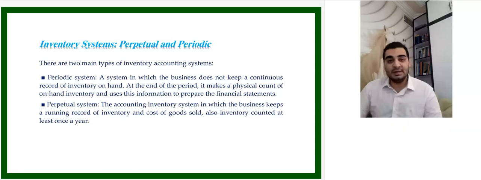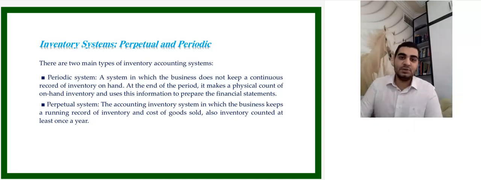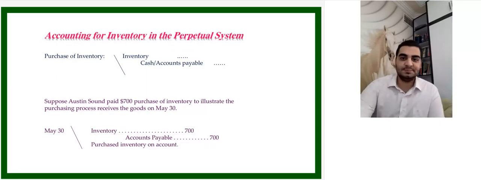When the end of the period comes, it makes a physical count of on-hand inventory and uses this information to prepare the financial statements. But for the perpetual system, the business keeps a running record of inventory and of course of cost of goods sold as well, and inventory is also counted at least once a year. These are the differences between these two systems.